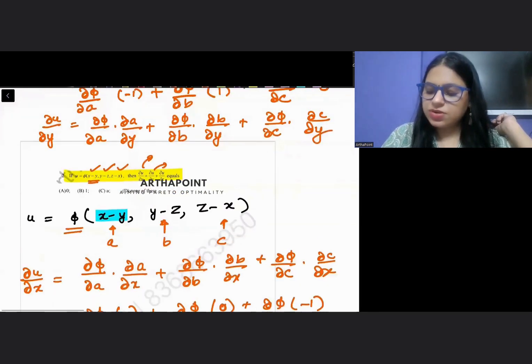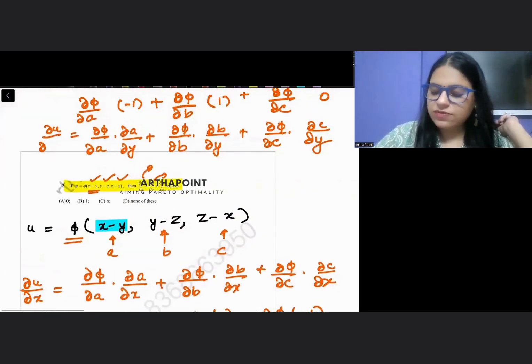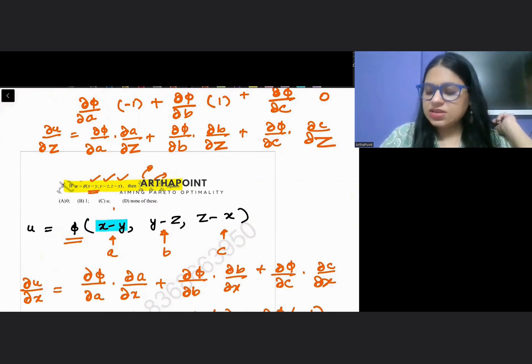Now let's see with respect to the third one, z. Everywhere I will just replace it with z. There is no z in A, so this will become 0. I see a z with a minus sign in B, so minus 1, and z with a positive sign in C, so plus 1.